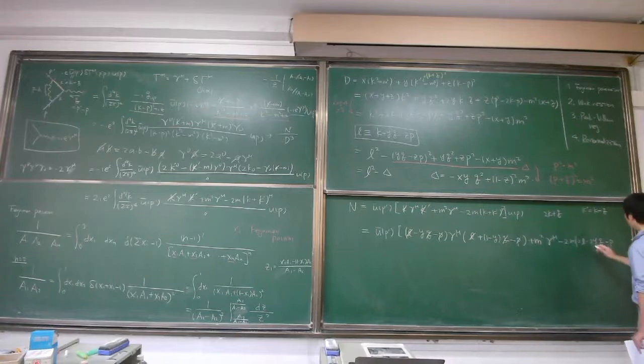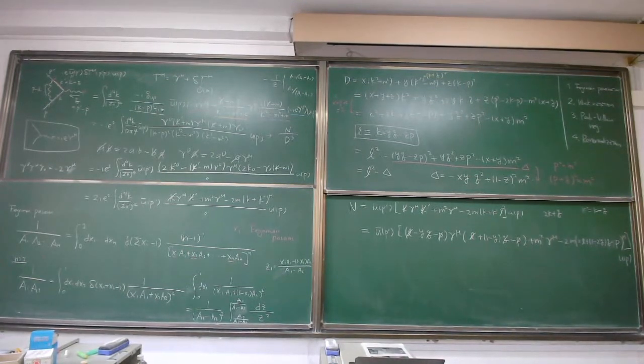So therefore this is plus 1 minus 2y q plus p, sorry, minus p, and then times u. Okay. That's the case. So I just rewrite everything in terms of L and then q.